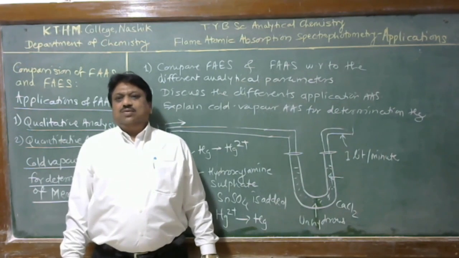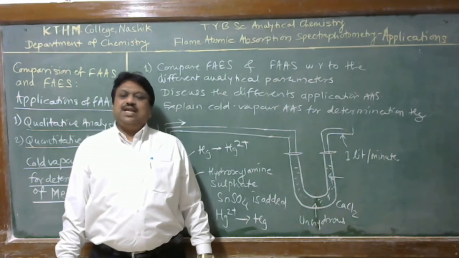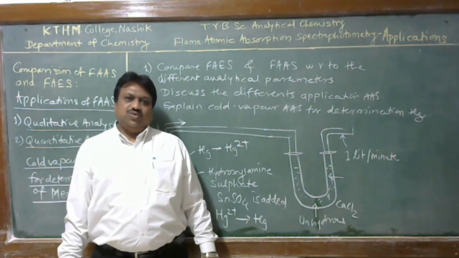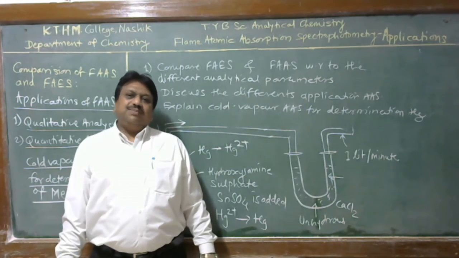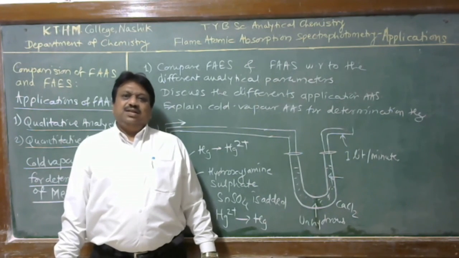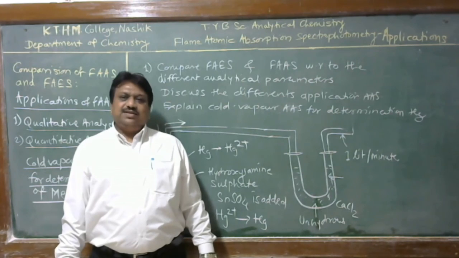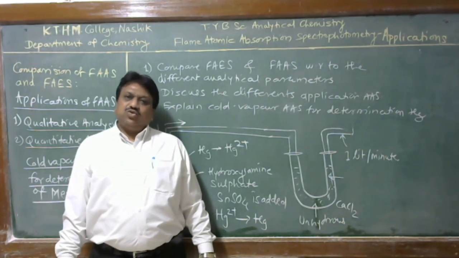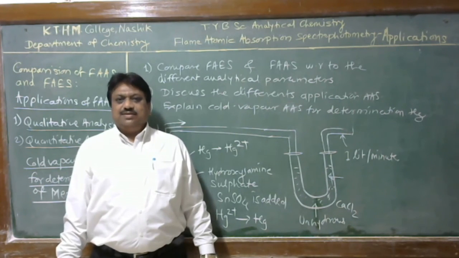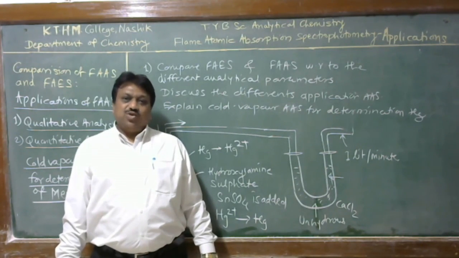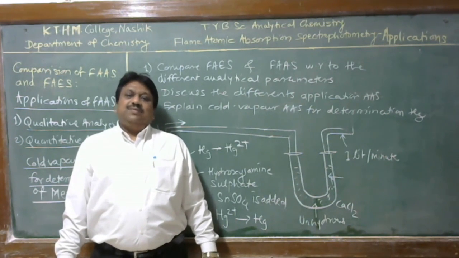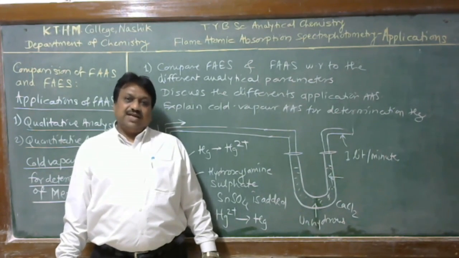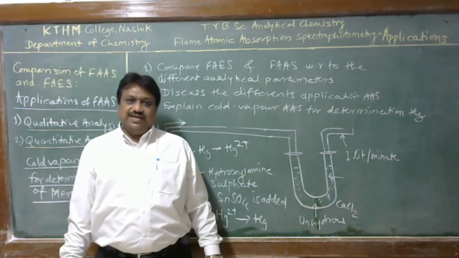Student, with this we complete the total syllabus of the third semester analytical chemistry course. Under this syllabus, we first discuss the gravimetric method of analysis, that is precipitation gravimetry. Then we discuss the electrogravimetric methods of analysis based on Faraday's law of electrolysis. After that, we discuss the thermal methods of analysis, that is again one type of gravimetric analysis.